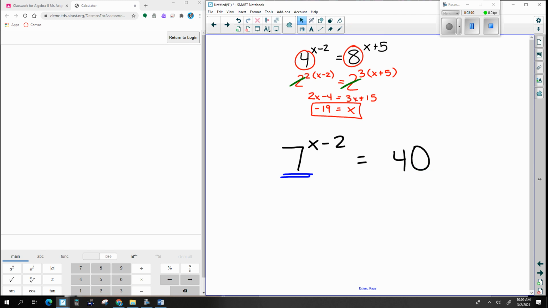Another key difference that I see in this problem, and again, I think this might just be pure coincidence, is this. You'll notice that in the above problem, both sides of the equation had exponents. They both had stuff going on. The left-hand side already had an x minus 2, the right-hand side already had an x plus 5.